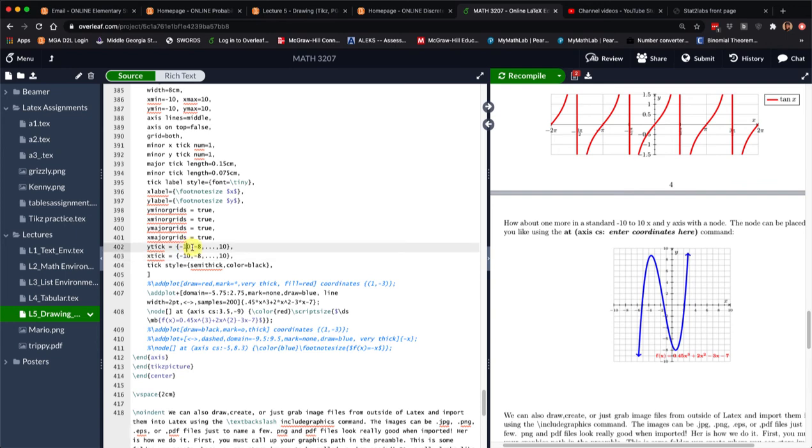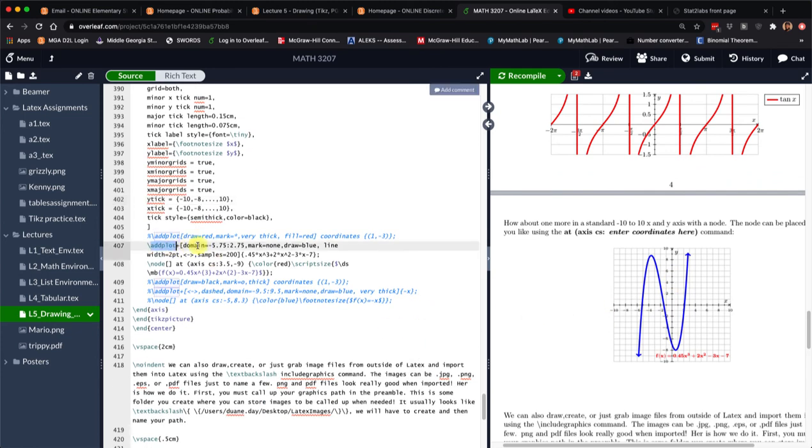Notice I did -10, comma, -8, comma, dot dot, 10 for both the X tick and Y tick definitions. And that just meant along my Y-axis here, it only labels every even tick label: 2, 4, 6, 8, 10. And the ones in between are your 1, 2, 3, your odd numbers.